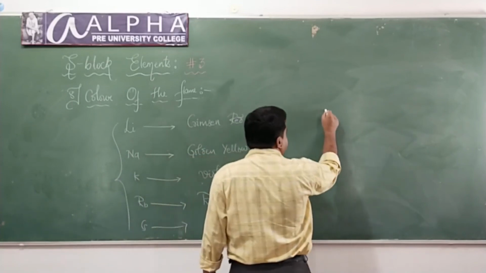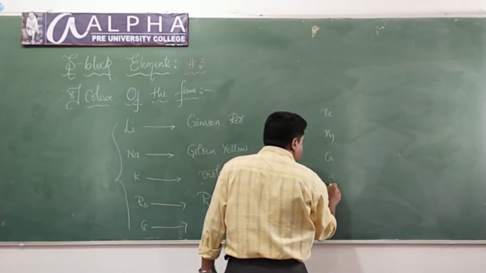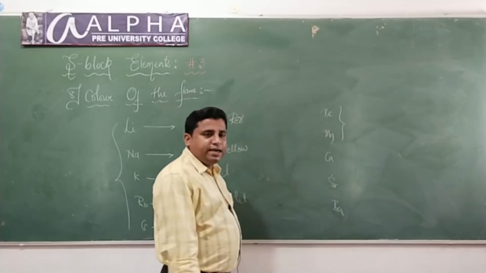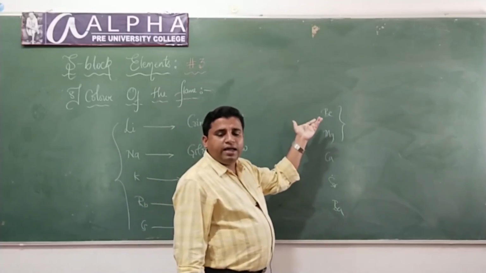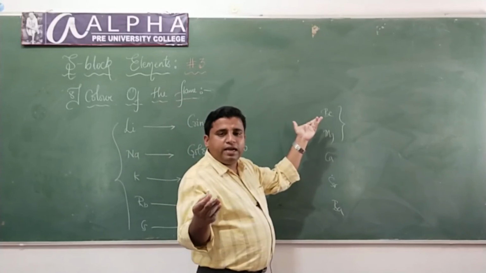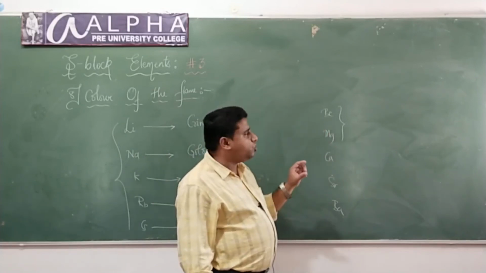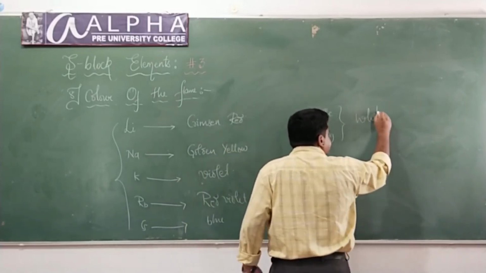Now, if you consider alkaline earth metals like beryllium, magnesium, calcium, strontium and barium: beryllium and magnesium do not impart any color because their ionization enthalpy is very high. The energy of the flame is not sufficient to ionize the last electron, therefore they do not impart any color. We'll say they impart white color.